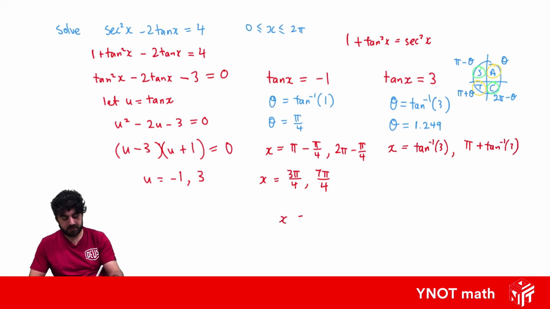So our final answers for x are all 4 of 3 pi on 4, 7 pi on 4, inverse tan of 3, and pi plus the inverse tan of 3.